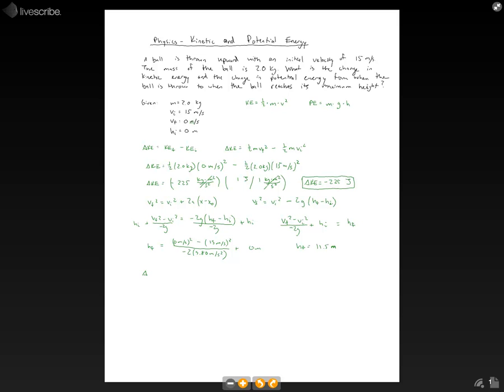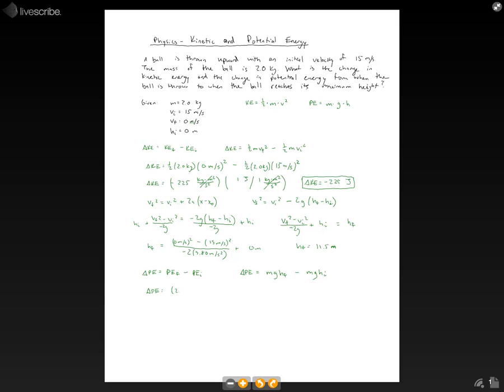So now let's try to find the change in potential energy. We know that's just our final potential energy minus our initial potential energy. If we expand this a little more, we have our mass multiplied by g multiplied by our final height, minus mass times g times our initial height.